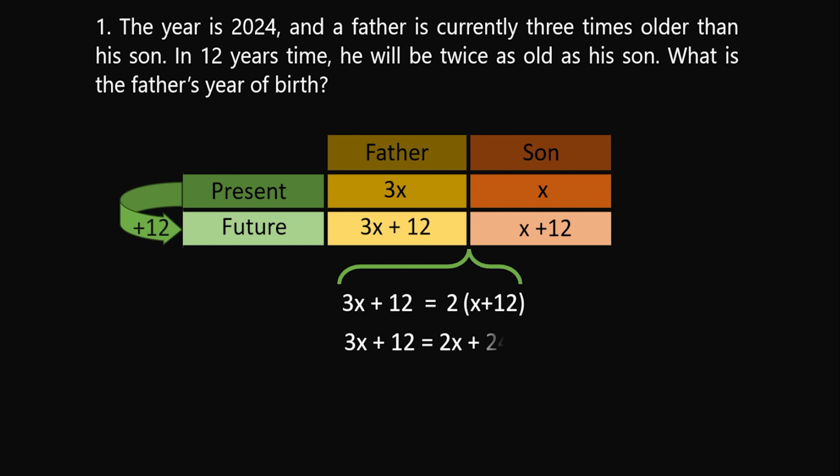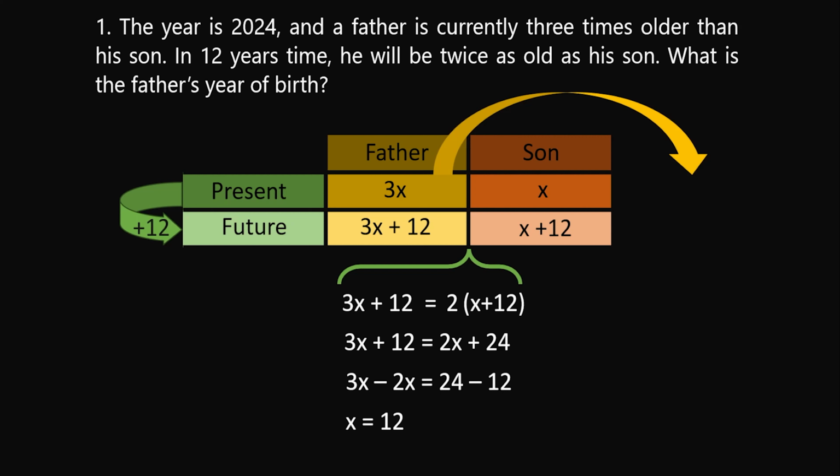So 3x plus 12 equals 2x plus 24, 3x minus 2x equals 24 minus 12, and that means that x equals 12. So right now, in the present, son has 12 years, and of course, father has 3 times as that, so 3 times 12 equals 36. So father is 36 years old.